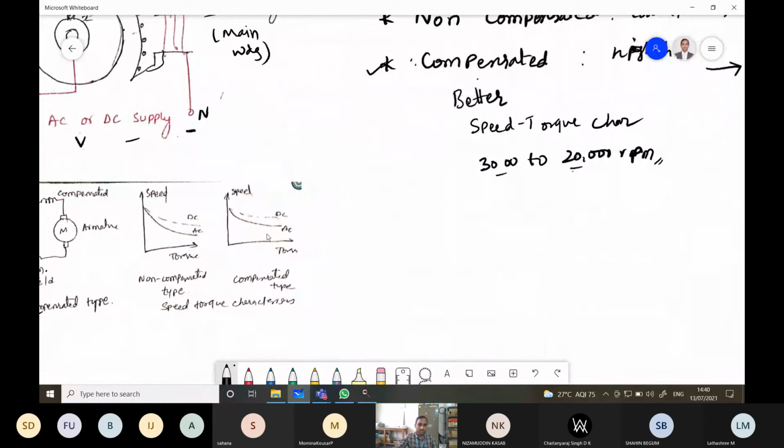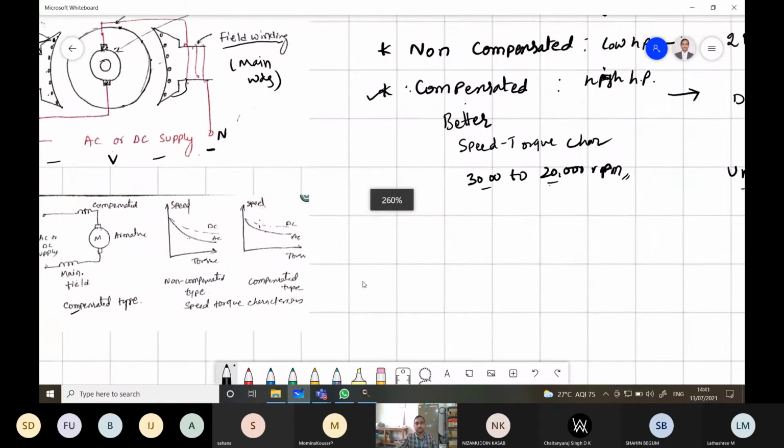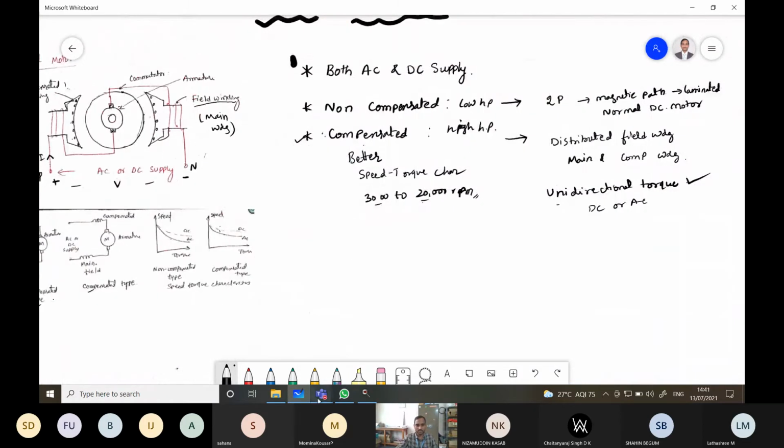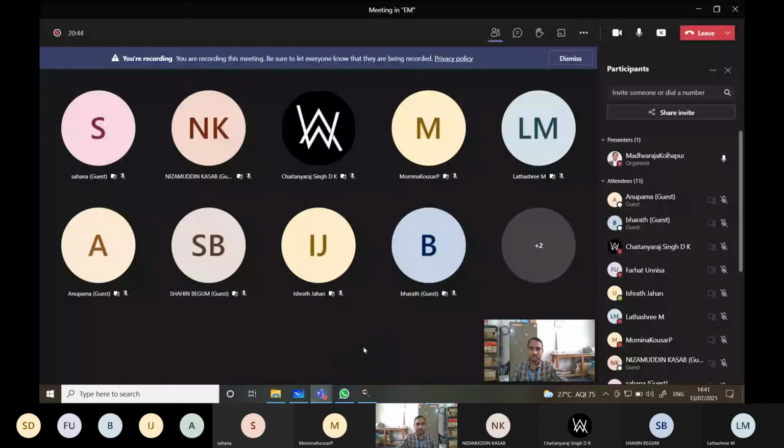Both are similar, but the compensated type has better speed characteristics compared to the non-compensated type. And what are the applications of this? Does anybody know about the application of universal motor? Bharat?